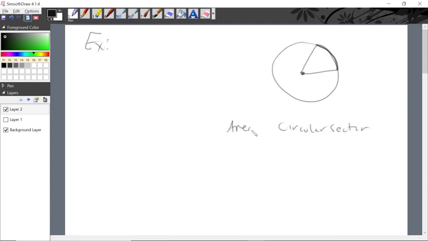The area of a circular sector formula is A equals theta over 2 r squared, from trigonometry. Real quick, where does that formula really come from?